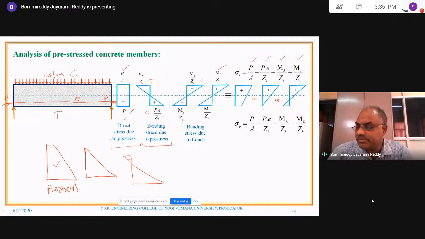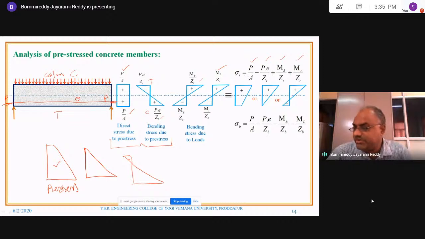For solving problems in any competitive examination, 50% of the syllabus in prestressed concrete is based on this concept only. So no need of remembering any concept here. You know each and every formula: the sum of all the stresses at the top, the sum of all the stresses at the bottom. Which stress is positive, which stress is negative, that needs to be understood.